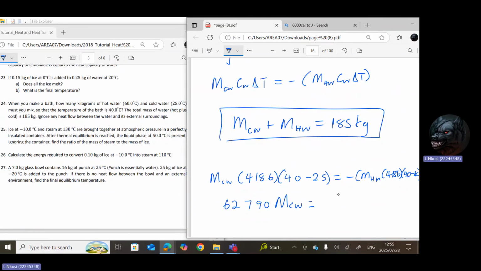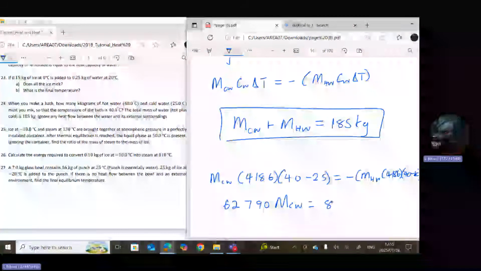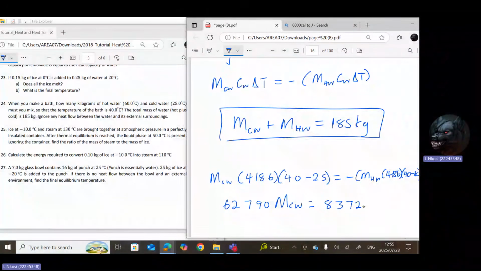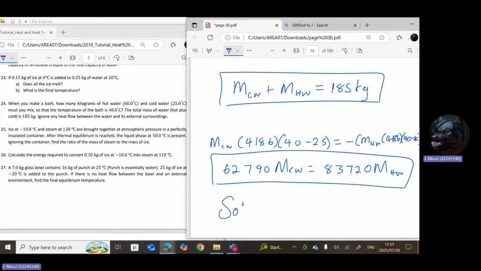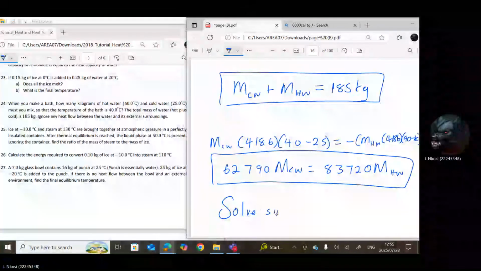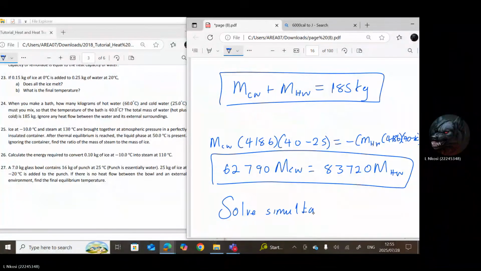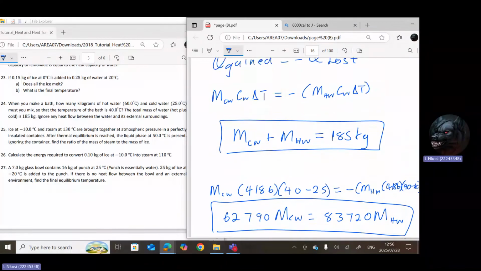This would be 83,730 mass of the hot water. That is the second equation, and then you solve simultaneously. You know how to solve simultaneously, so now I will leave it to you.